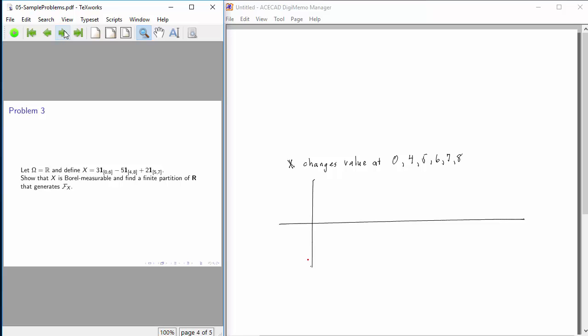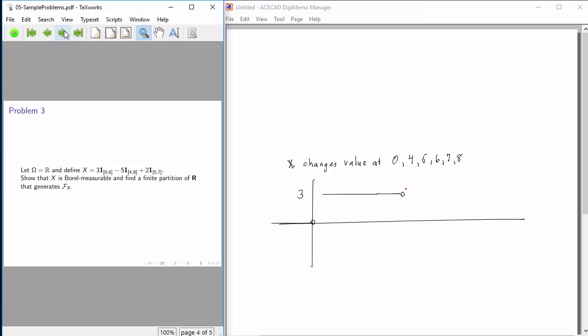So, as long as the real number is less than 0, my payoff is 0. But as soon as we get up to 0, the payoff increases to plus 3, and it stays at plus 3 until I reach the value 4.